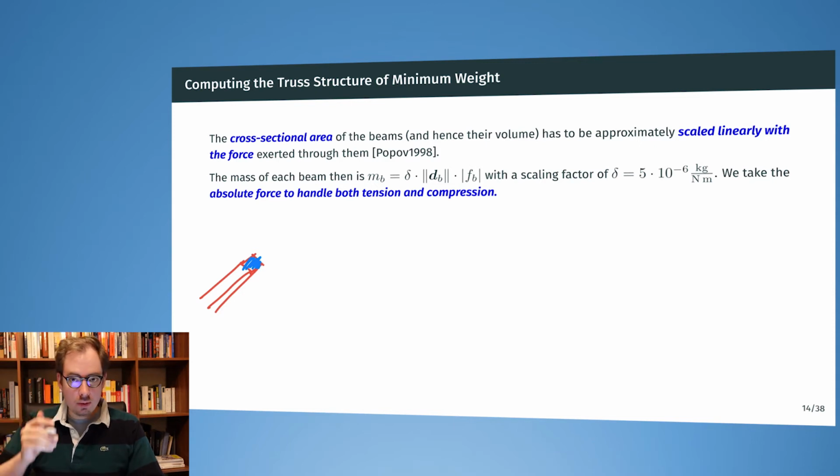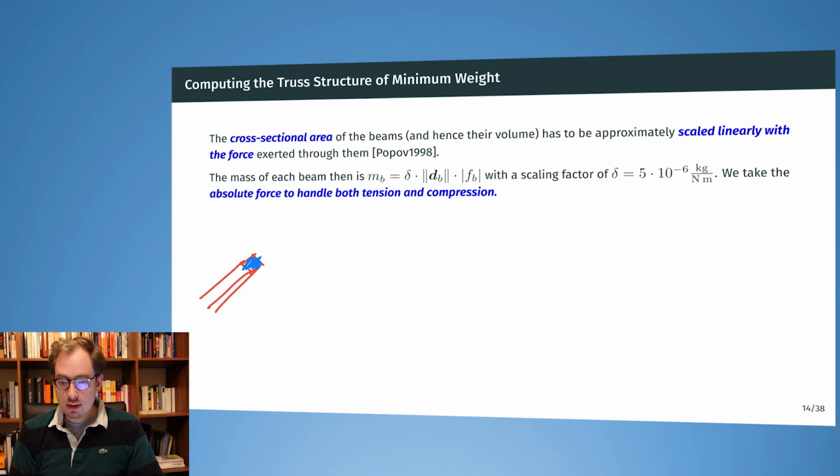And we know how much cross-sectional area we need at least for a certain force. So if there's a certain force, so tension or compression, acting along the direction of the beam, we know how thick to make the beam at least so that it can safely hold this force. And then we are minimizing the weight or the cross-sectional area so that it is exactly at what is required.